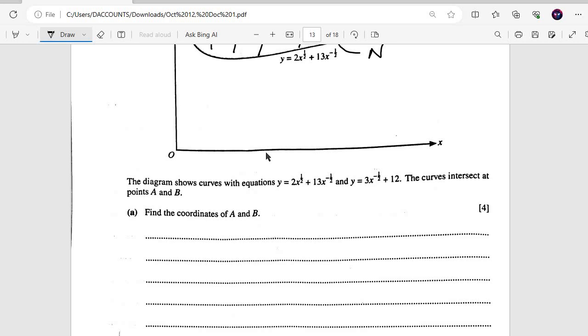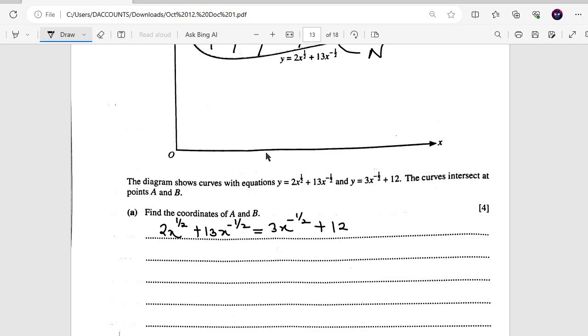So the curves intersect at points A and B. So find the coordinates of A and B. Now since they intersect, what you expect to do is to equate the two equations. 2x to the power half plus 13x to the power minus half equals 3x to the power minus half plus 12.